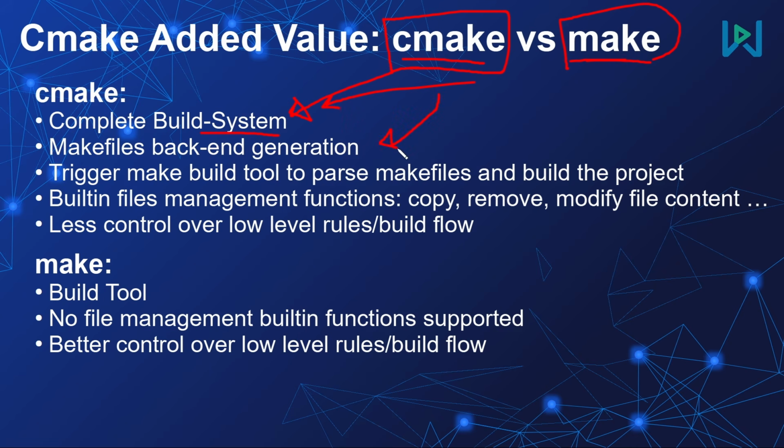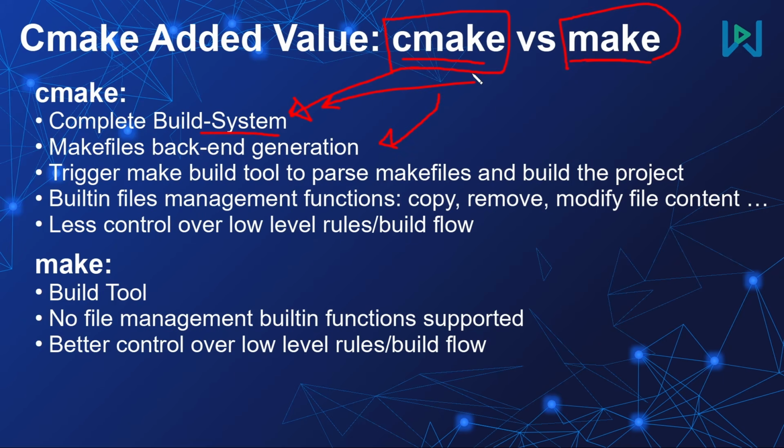As stated before, CMake is a build system generator. So it is not CMake that will create those dependencies between the different rules to be able to compile our source files, generate the different objects, and link them.